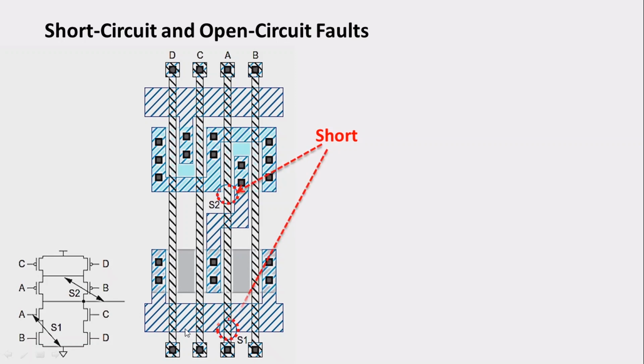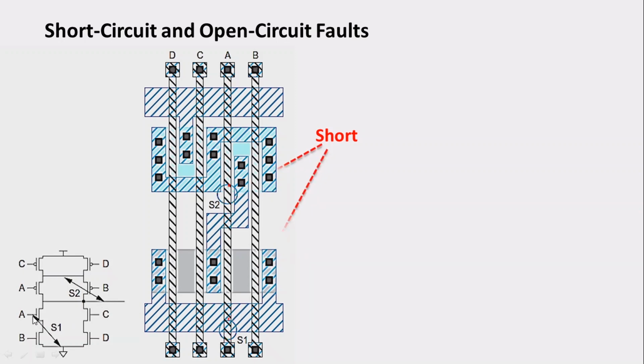In a similar fashion, here we can observe a short circuit to the ground. When this particular input A is shorted to the output point, instead of getting this input, these two lines connected to C and D and the output line are being shorted.